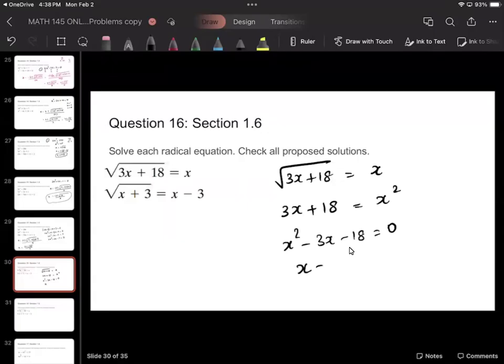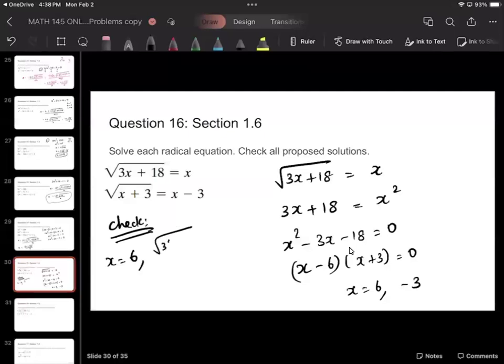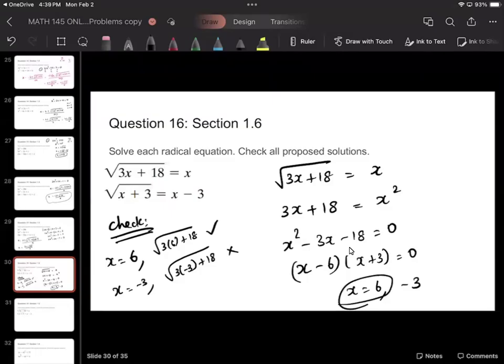So this will be x minus 6, x plus 3, which means x is equal to 6 or negative 3. So here you have to check whether both solutions work for you, okay? So if x is 6, square root of 3 times 6 plus 18 works. It's a positive number, so no worries. If x is negative 3, square root of 3 times negative 3 plus 18 won't work for you because you'll get a negative number. So there is only one solution, which is 6.